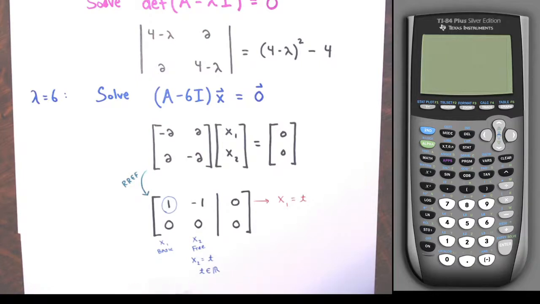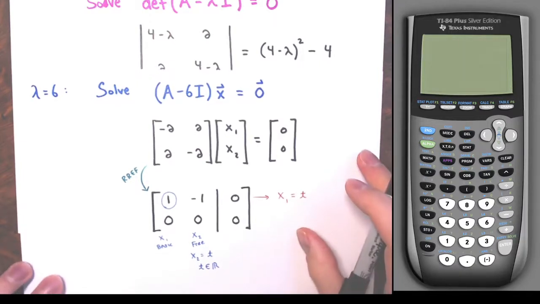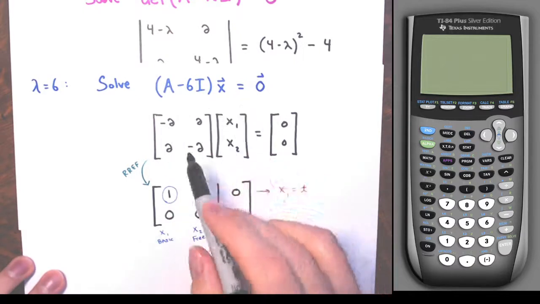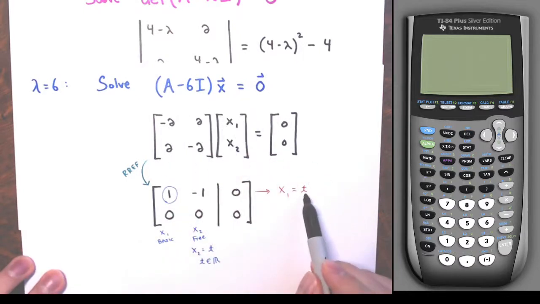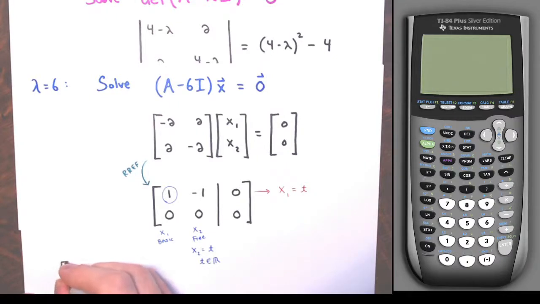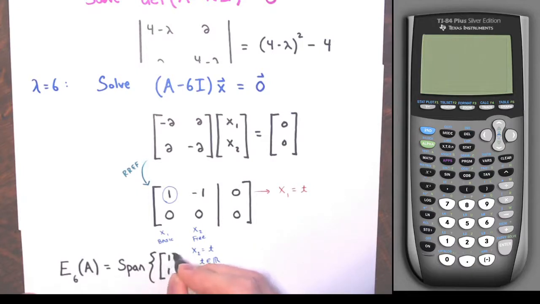So I can state what the eigenspace is now. Every solution of this equation is some multiple of the vector 1, 1. This is t times 1, t times 1, so a multiple of the vector 1, 1. So the eigenspace of A corresponding to lambda equals 6 is just the span of the set with the vector 1, 1 in it.